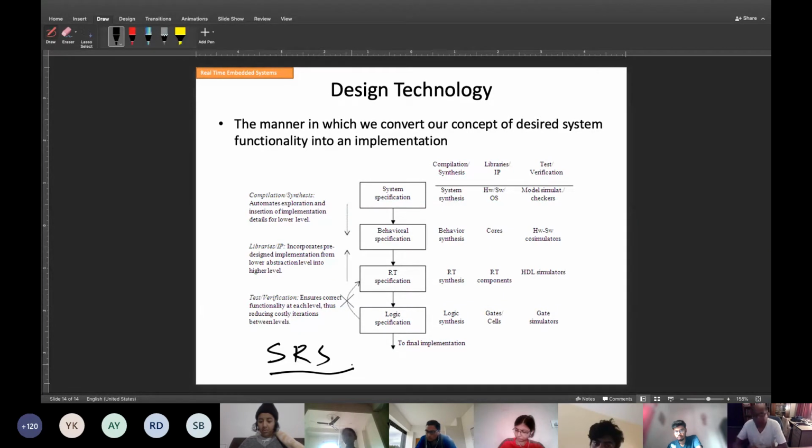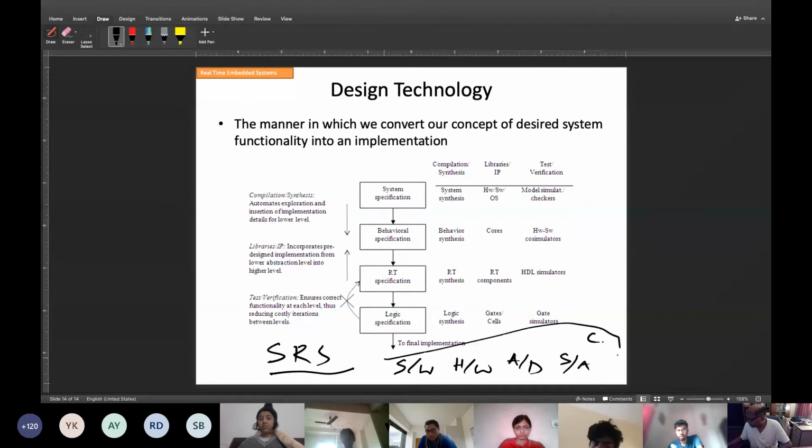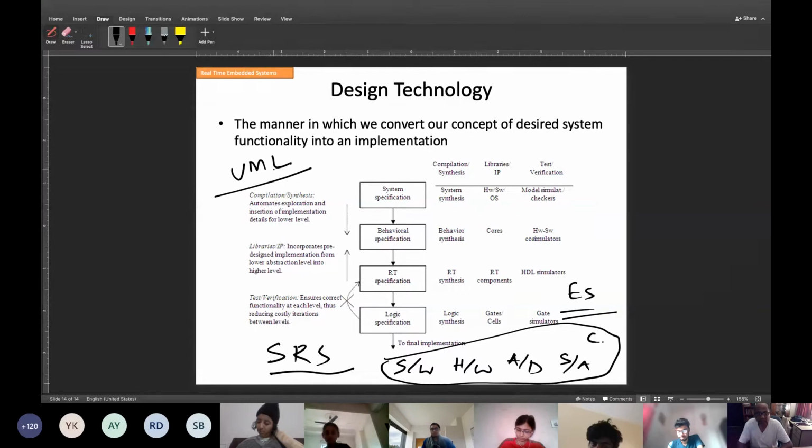Then how do you describe everything, that is software, hardware, analog, digital, and also your sensors, actuators, communication? How do you specify everything, which is basically the components of an embedded system? There is a language called UML, Unified Modeling Language.